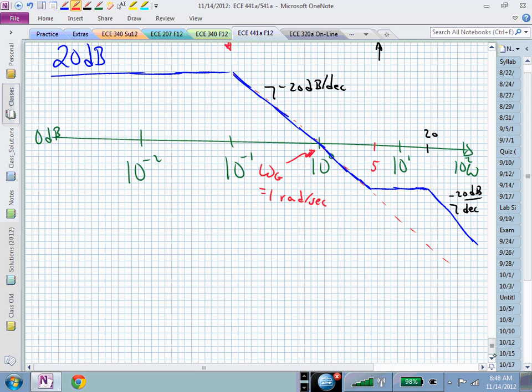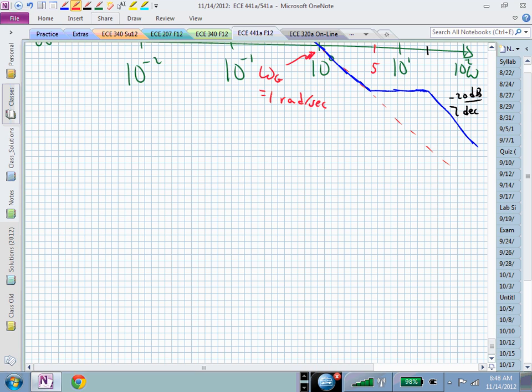Now let's try to do our phase curve. We said our phase curve started, and now I need to sort of do my tick marks consistently. Here's omega. This is now 10 to the minus 2, 10 to the minus 1, 0, or 1, 10, and 100.